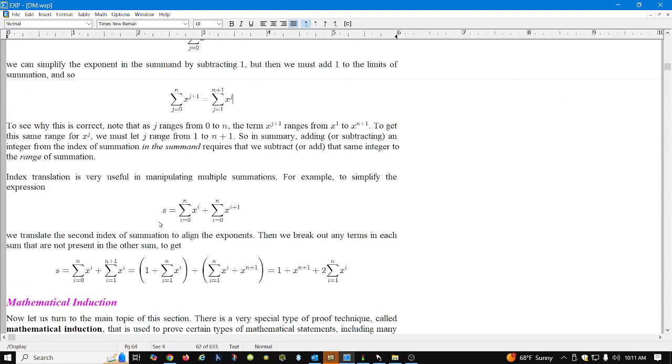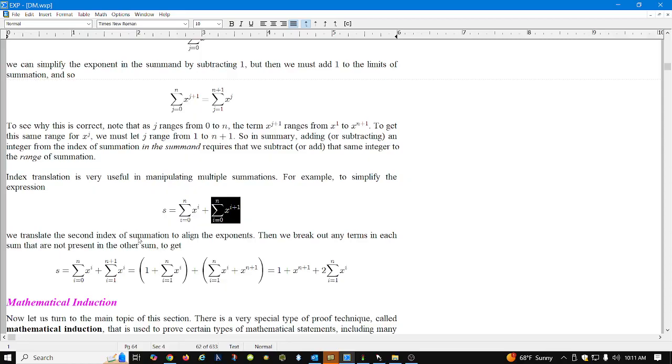Okay. This index translation is very useful when you're trying to deal with multiple summations. So I'd like to simplify this expression, but the exponents in this case don't match. Well, I can do index translation on this one.